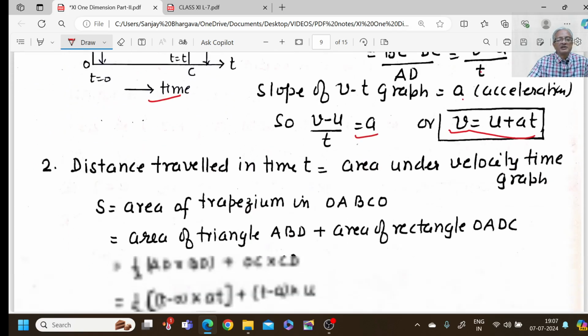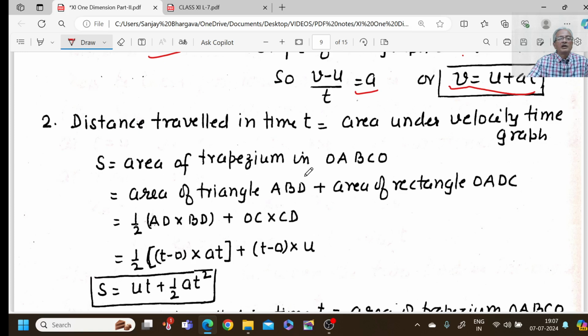That is what we have represented as the area of the trapezium OABCO, area of triangle ABD and area of the rectangle. The area of the triangle is half base into height, and of the rectangle, length into breadth. Substitute the physical quantities, rearrange, and you will get s is equal to ut plus half at square.